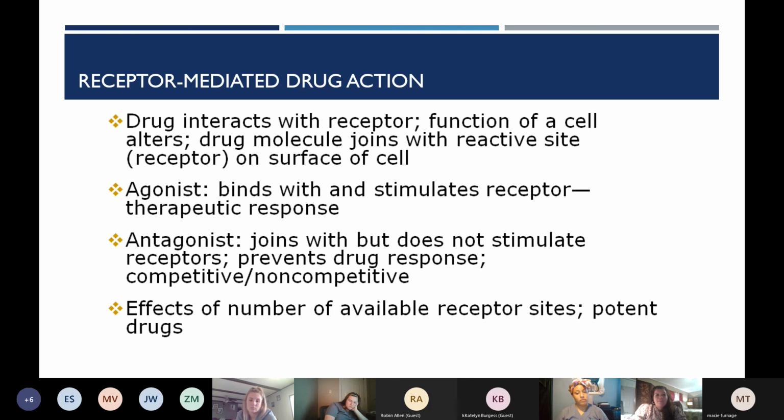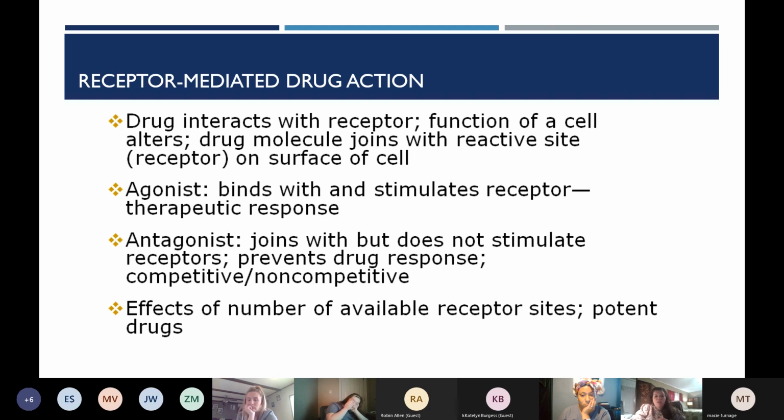And then what we're going to talk about most often is receptor-mediated drug action. This occurs when a drug interacts with a receptor in the body and the function of a cell is altered.